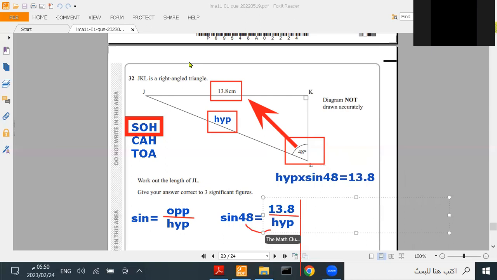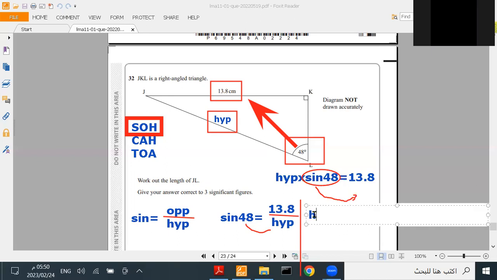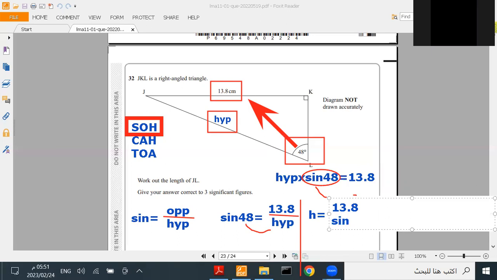Now what do I do? I take the sine of the angle, because it's multiplied, and move it dividing to the other side. So h equals 13.8 divided by sine of 48.